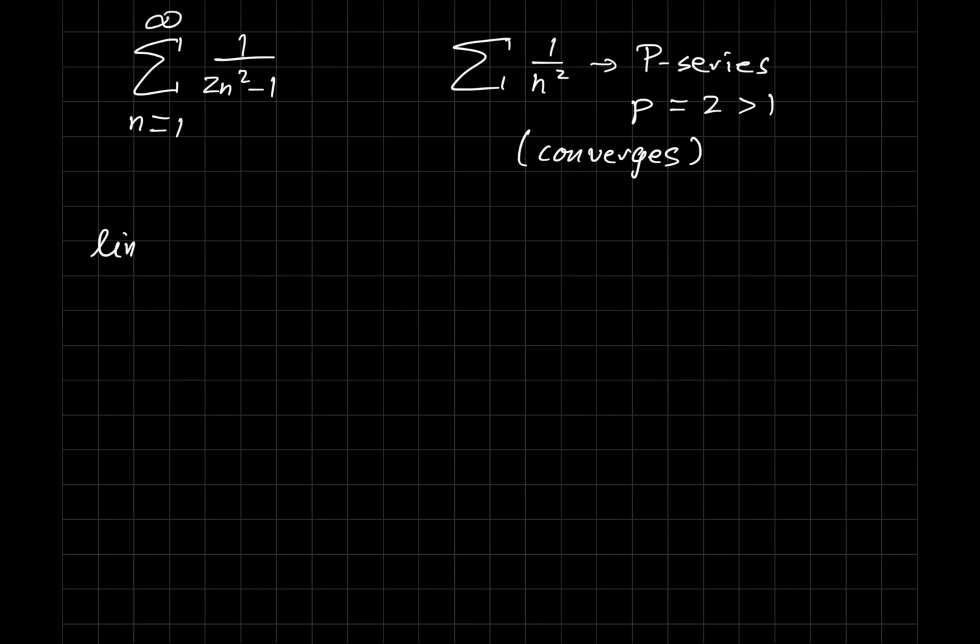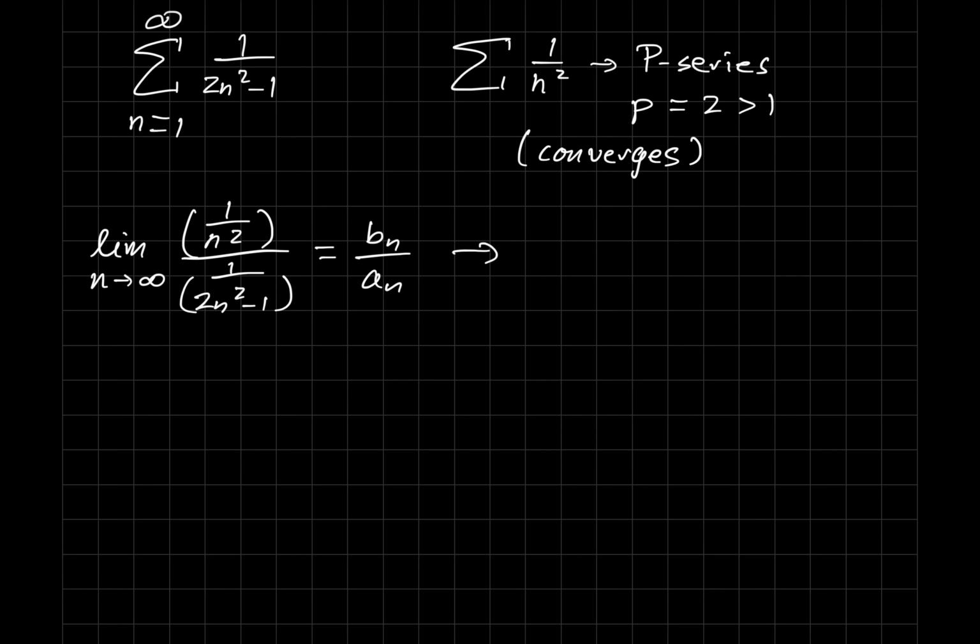So if I do the limit as n goes to infinity of the sequence parts, so let's say 1 over n squared divided by 1 over 2n squared minus 1, that is, say, b sub n over a sub n. I'll do the algebra here. I'll flip and multiply the denominator, and that gives me 2.